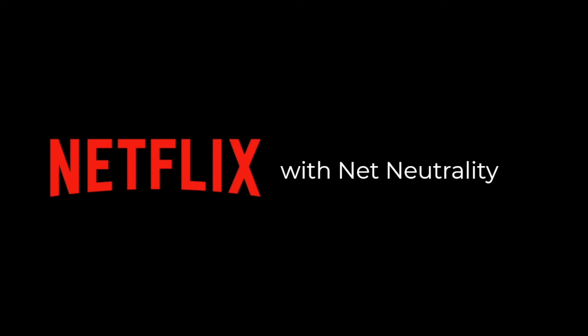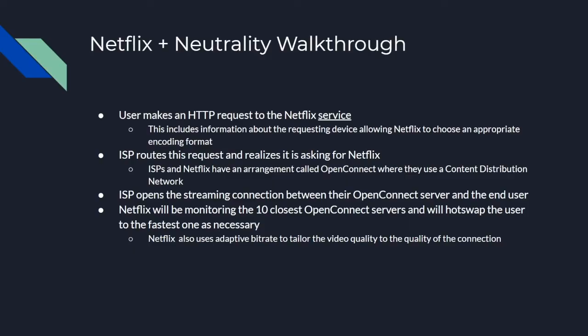Hello, I am going to be talking about Netflix with net neutrality and without net neutrality. Basically, this section is going to be me going through the average, slightly oversimplified use cases that happen with Netflix and how net neutrality affects them. And in this example, I'm going to be going through how it currently works in Canada with net neutrality.